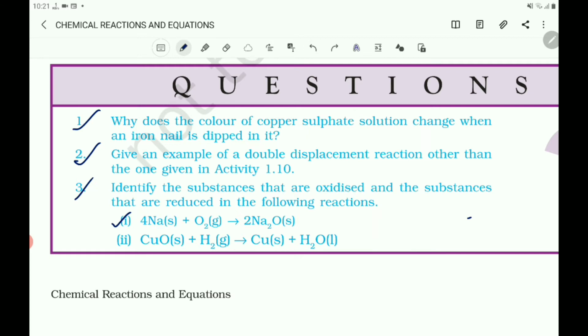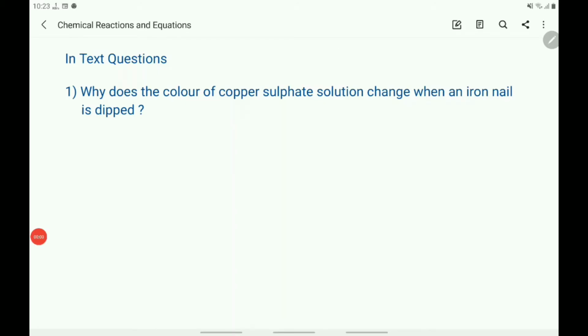And in the second reaction, copper oxide reacts with hydrogen to give copper and water. In this reaction, H2 gains oxygen, so it is oxidized, and CuO loses oxygen, so it is reduced to Cu.